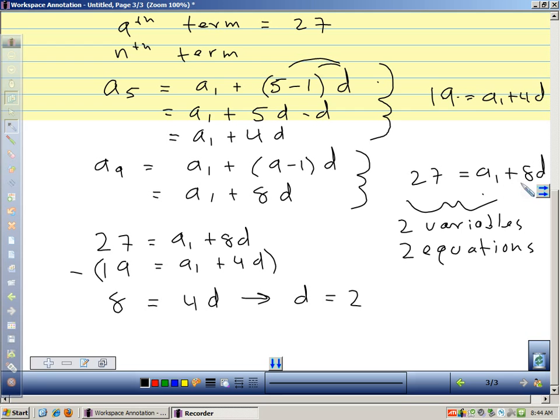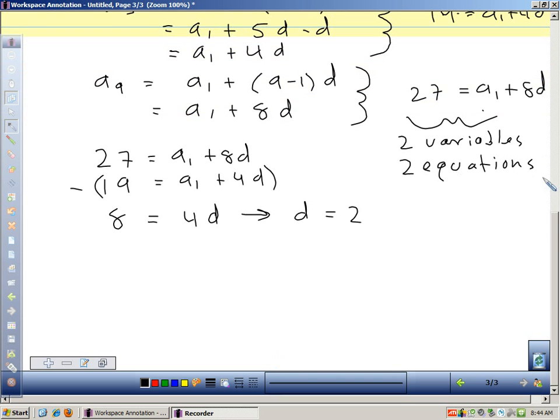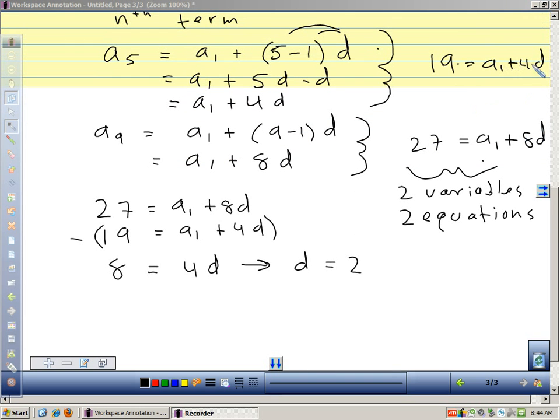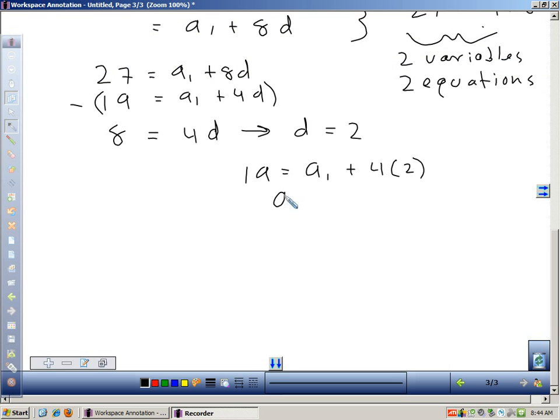Then I can substitute this d into either one of these equations to solve for a1. So let's put it into the top one: 19 equals a1 plus 4d, so 19 equals a1 plus 4 times 2. I can solve this for a1, and I get a1 equals 11.